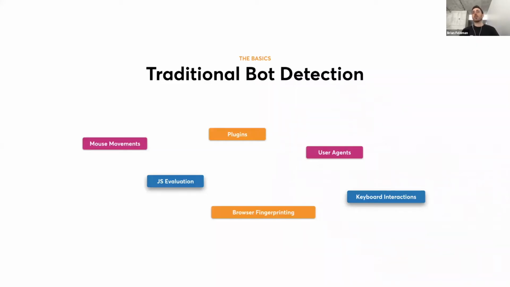So starting with traditional bot detection, as mentioned earlier, traditional bot detection had this assumption that bots were coming from a scripted environment, and it tried determining what's the difference between a scripted environment and the type of clients that a human is usually interacting through. When I say client, I'm referring to a browser, for example. Some of the things that traditional bot detection would look for is the user agent.